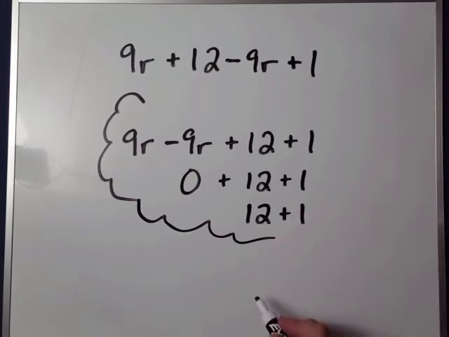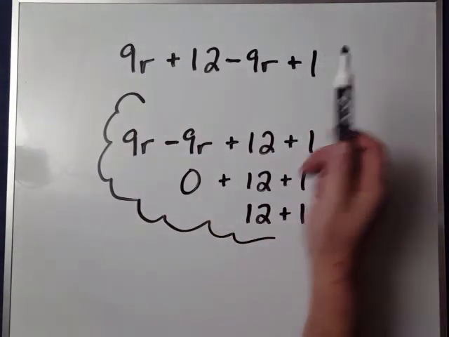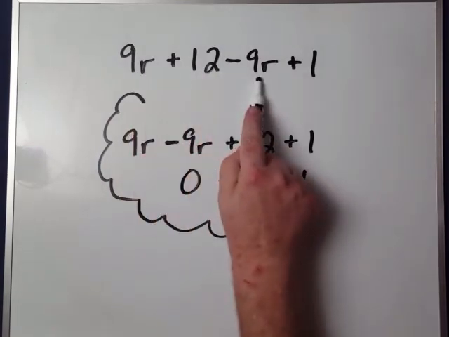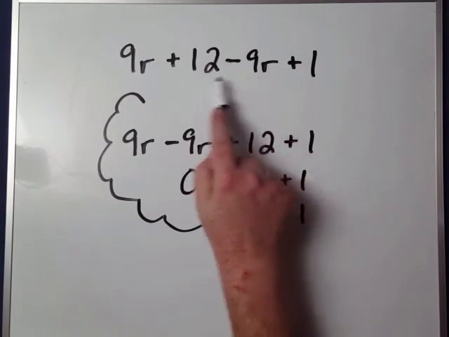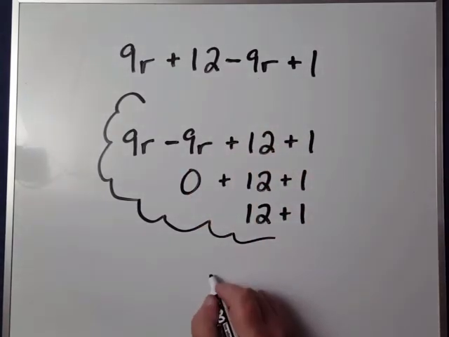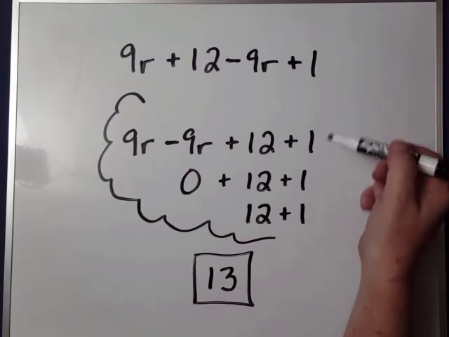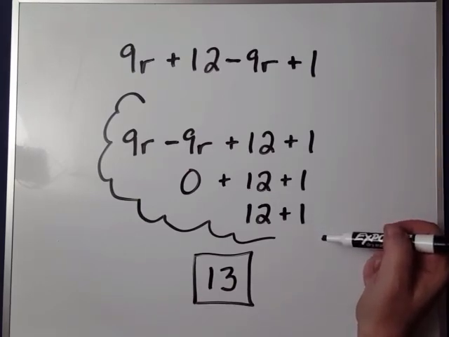If you need to write some of it down, do it. You don't want to miss a problem just because you wanted to skip steps. But looking at this, can you see? 9r minus 9r leaves nothing, the additive nothing, and so we're left with 12 plus 1 is 13. What I've shown here in the thought bubble is just that actual process of using these properties of real numbers.